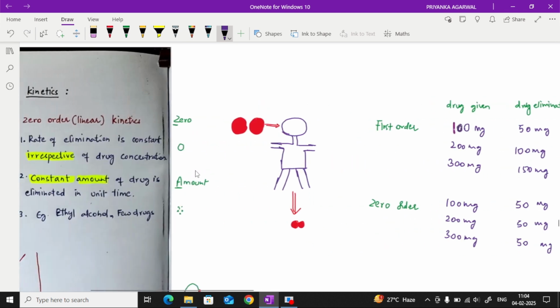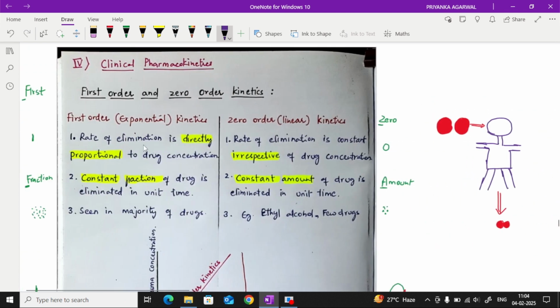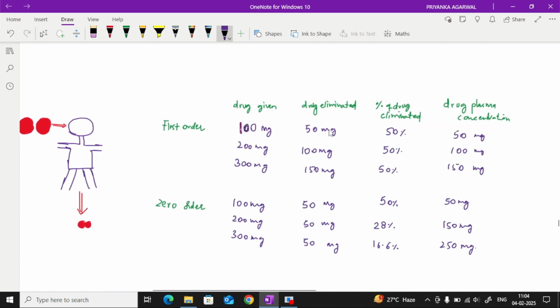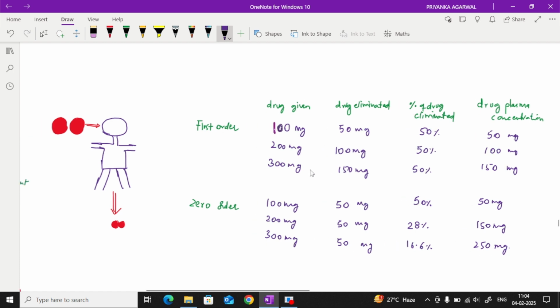Rate of elimination is directly proportional to drug concentration, so whatever drug is eliminated will be directly proportional to the drug given. That means if you are giving 100, 50 will be eliminated. If you are giving 200, 100 will be eliminated, and if you are giving 300, 150 milligrams will be eliminated.